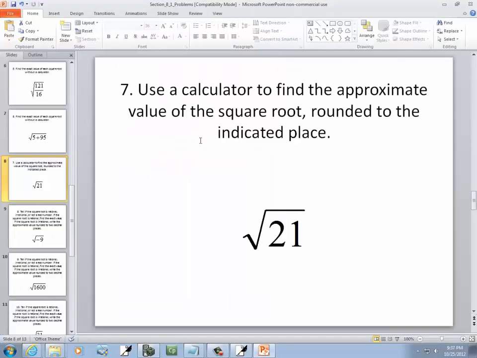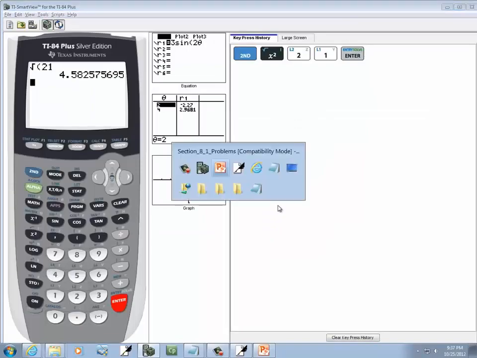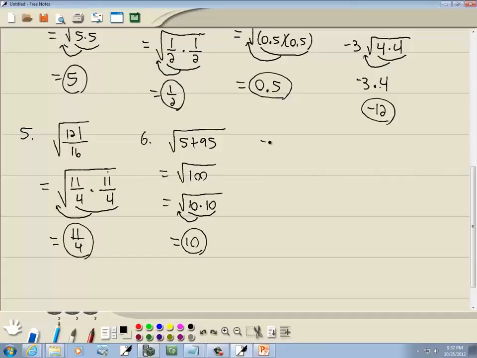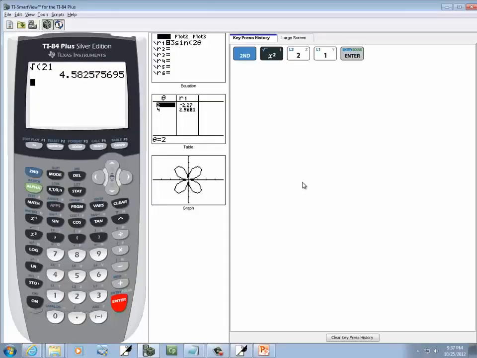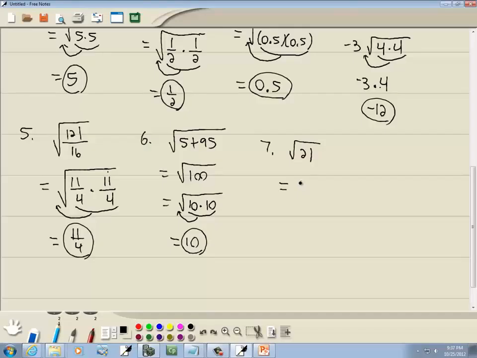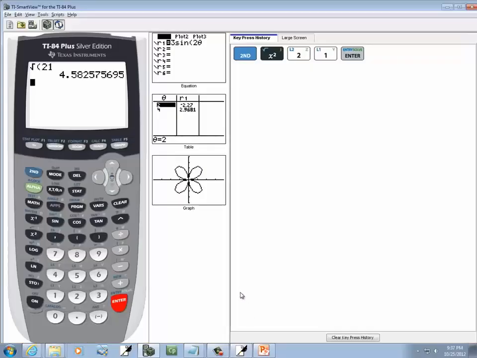And we're going to round it to the indicated place. Didn't say. I guess I must have left that part out when I typed the problem up. I'll take it to 2 decimal places. So that'll be 4.58. Now this doesn't give us an exact answer. This would actually be an irrational number. So it's not an exact answer.